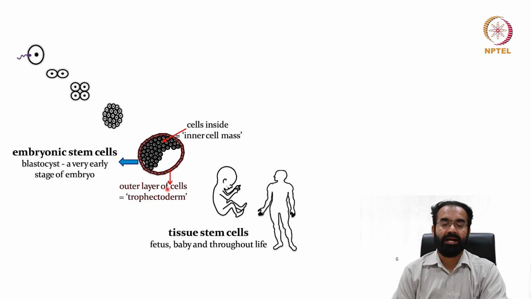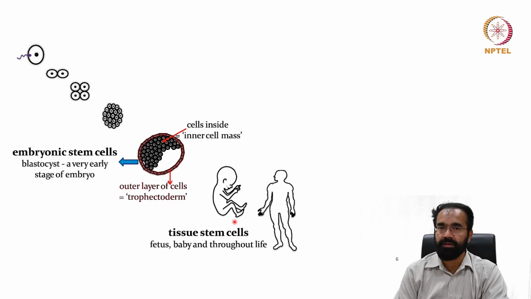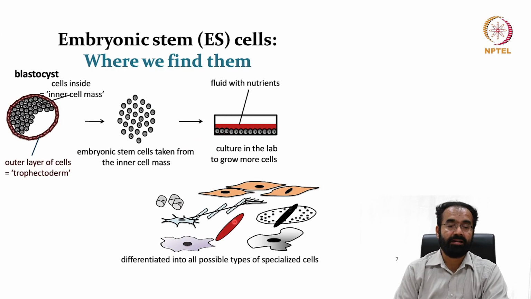Trophectoderm will not become the animal, whereas the inner cell mass is the one which is giving rise to the animal. And then there is a full-fledged animal which grows to an adult animal, in this case human. The fetus, baby, and throughout life, these stem cells continue to be present in different parts of the body as adult stem cells. Not that every differentiated tissue has adult stem cells.